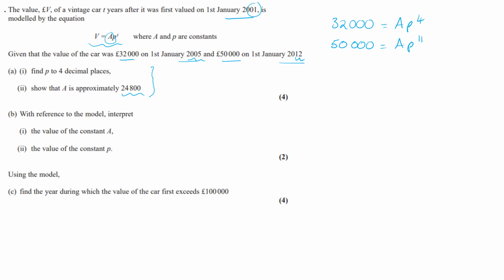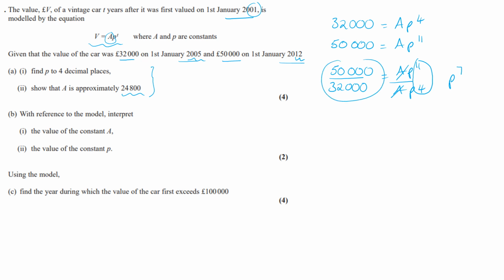Now what we can do here is divide them. So 50,000 divided by 32,000 is going to be ap to the 11 over ap to the 4. By doing that, the a's will cancel. We just take the indices. So p to the 7 is going to equal this fraction here.